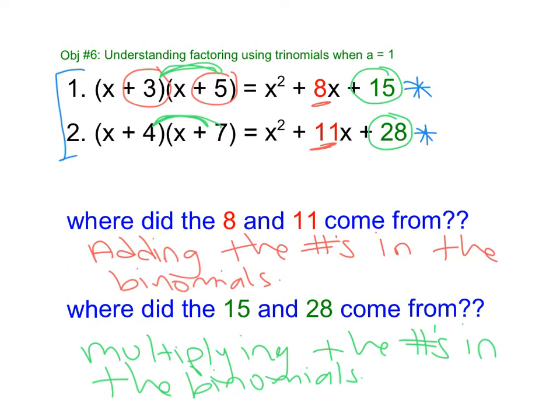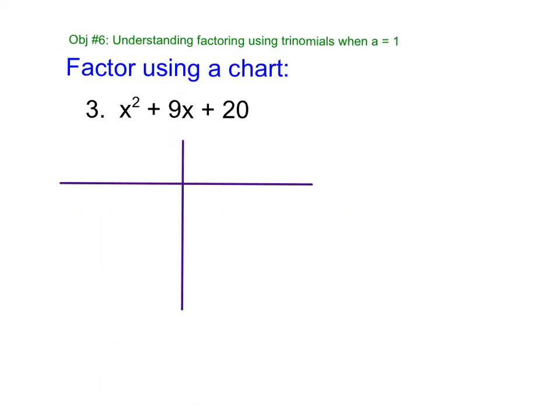So we're going to be thinking to ourselves, okay, if I'm given this, x squared plus 11x plus 28, and I want to factor it, I'm looking for two numbers that multiply to 28 and combine or add to 11. Right? So that's what we're going to constantly be asking ourselves. All right, so let's look at this first problem.